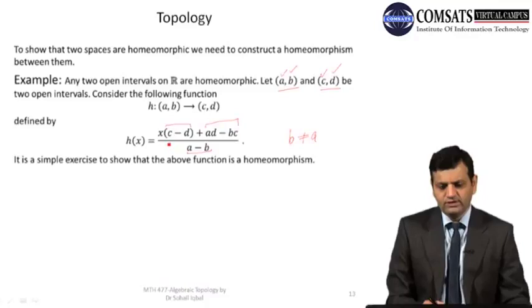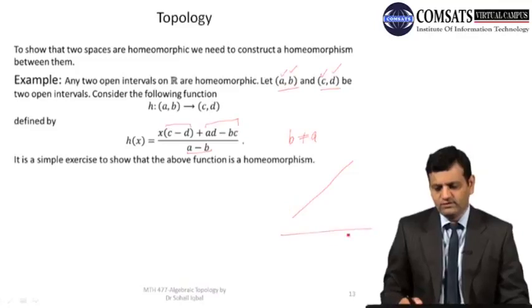When I say it is linear, its graph will be a line in the R2 plane, because (A, B) is a subset of the real line, and (C, D) is again a subset of the real line. Since this is a linear function, it will be a line, and of course it is a bijective function.